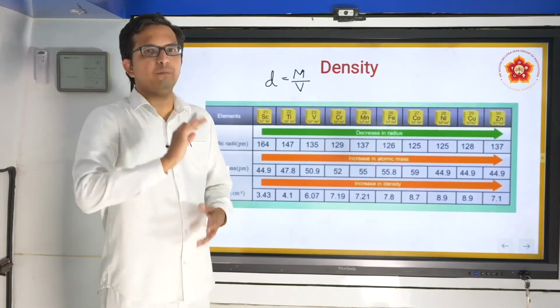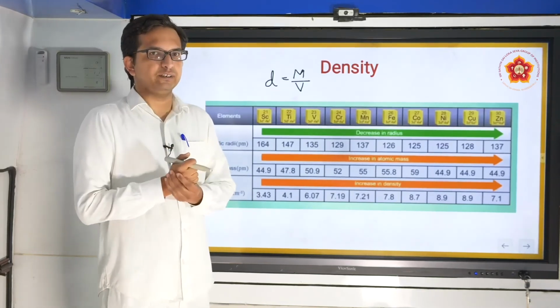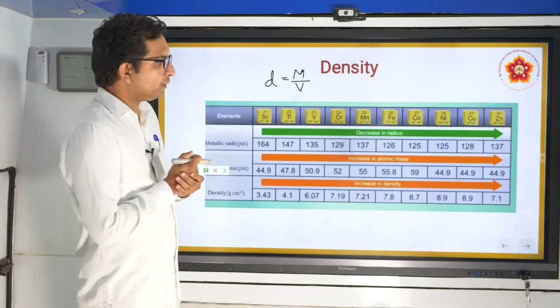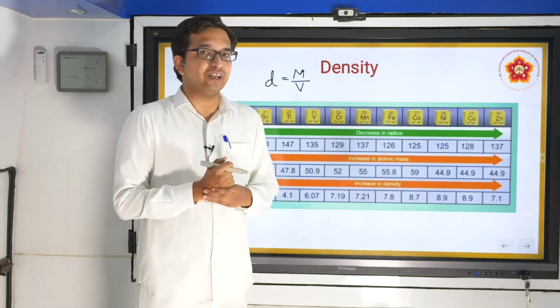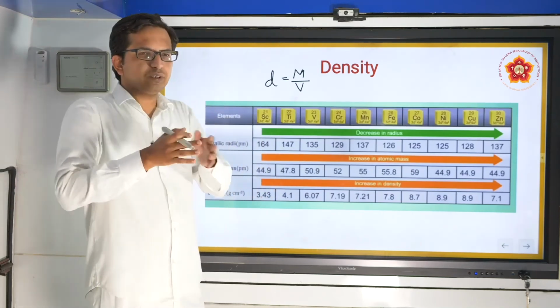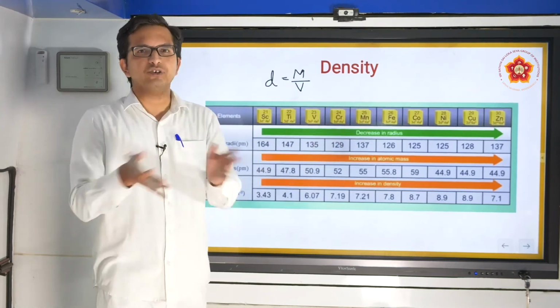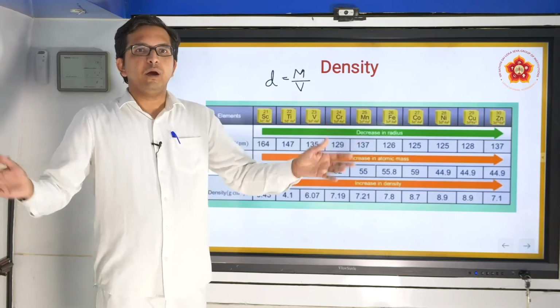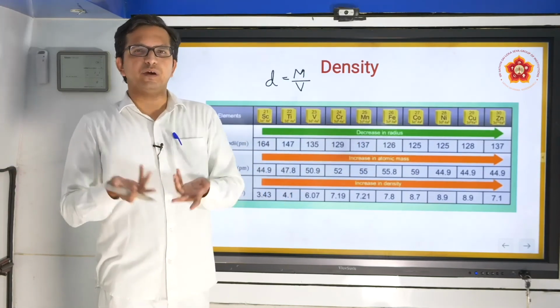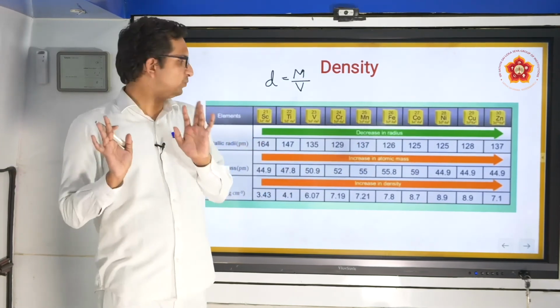Electrons don't contribute to mass. This we have seen in the earlier segments. Whereas volume is dependent on the size of the elements that is present. So if the size of the element is more, it necessarily means that the volume is more because it is occupying more area. But mass will depend on the number of protons and neutrons which is present.